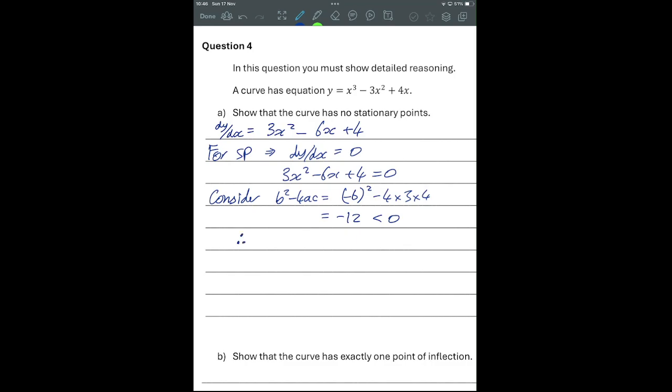So let's write down our conclusion. Therefore, well, we've actually shown that this thing has no roots, which therefore would imply that the curve has no stationary points, because that was what that equation was describing.